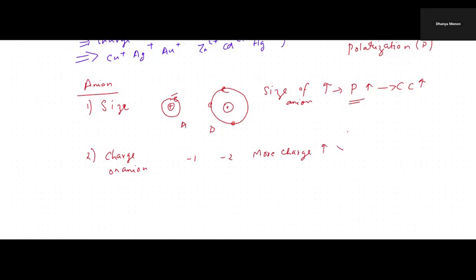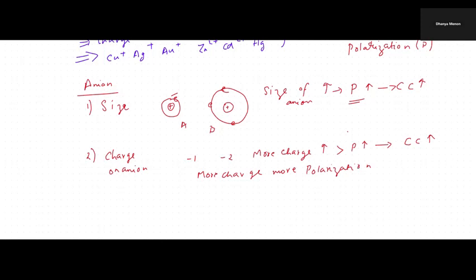The electron cloud of that anion gets deformed more and covalent character increases. So more charge, more chances, more polarization, and covalent character increases.